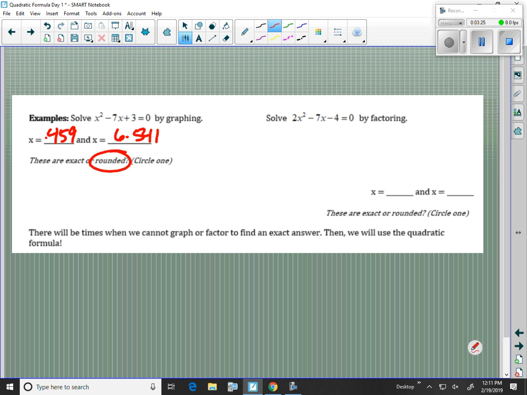Okay. We are going to solve our next one by factoring. What kind of factoring would we do on this one here? Split the middle. Okay. So 2 times -4 is -8. Two numbers that multiply to -8 but add to -7. 8 and 1. Which one needs to be negative? The 8.